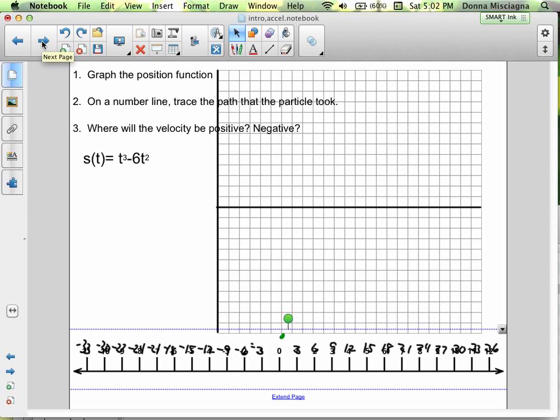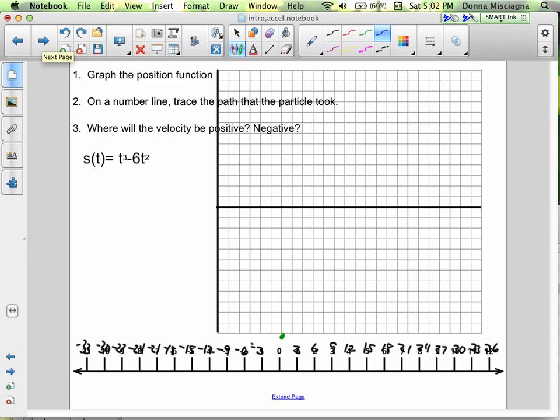All right, so number 1, we're going to graph the position function. Well, to graph, we're going to need to factor. I have an annoying little box here. Guess I'm stuck with it. So if I do that, will it go away? Yes.